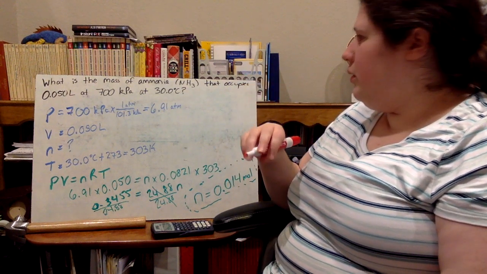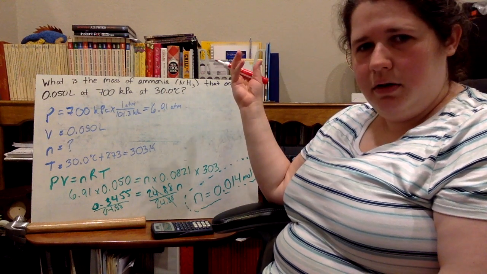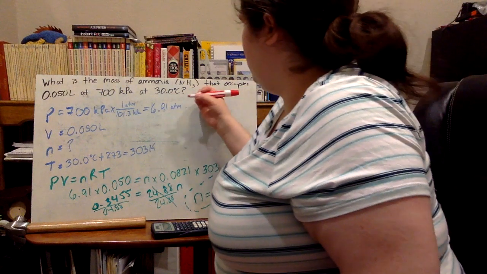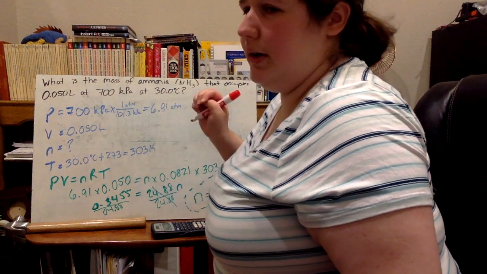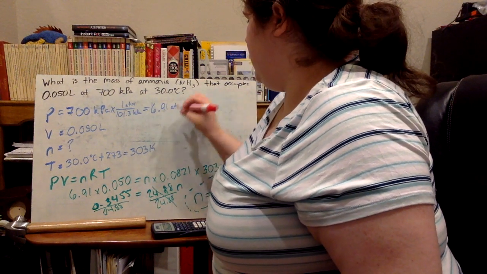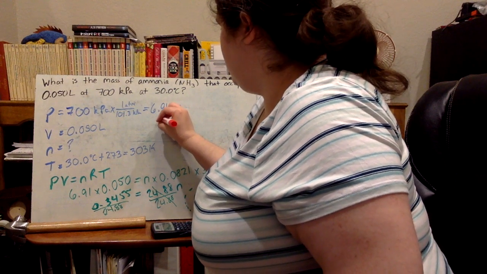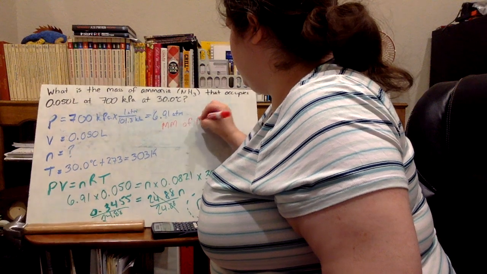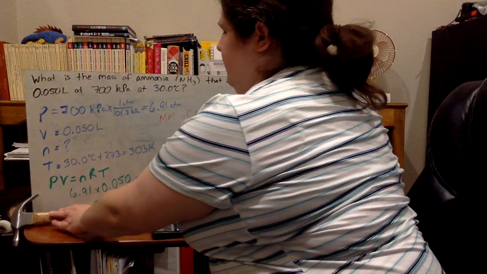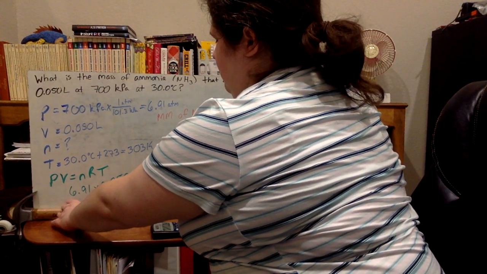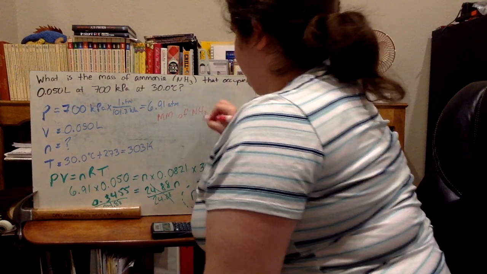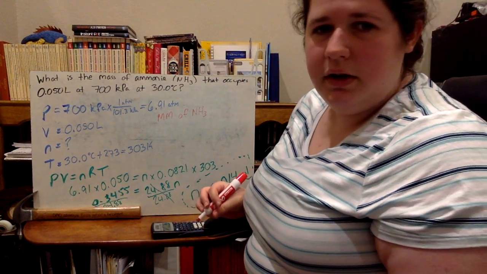Reaching way back, we're going to have to find the molar mass of ammonia, NH3. You're going to need a periodic table for this. So the molar mass of NH3.